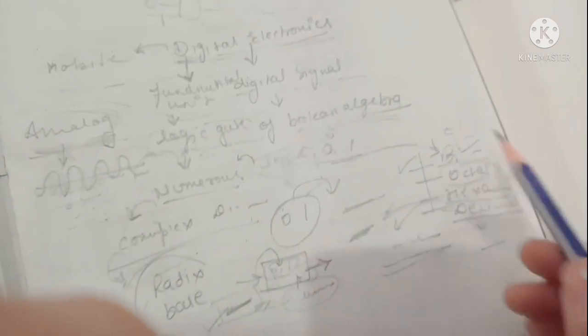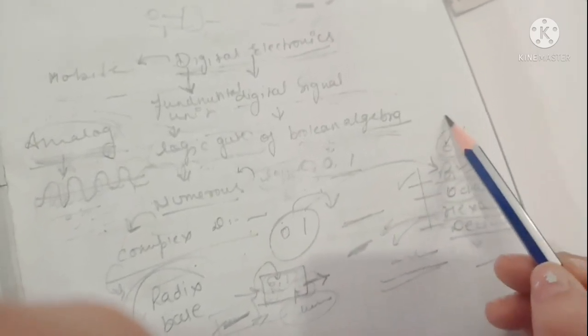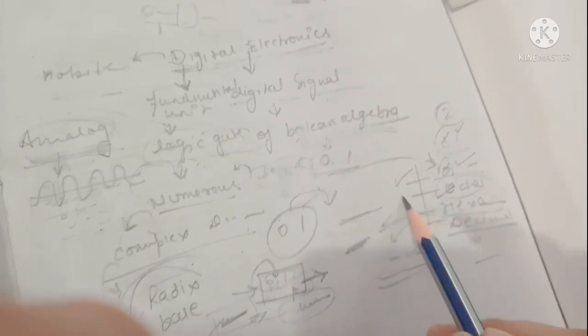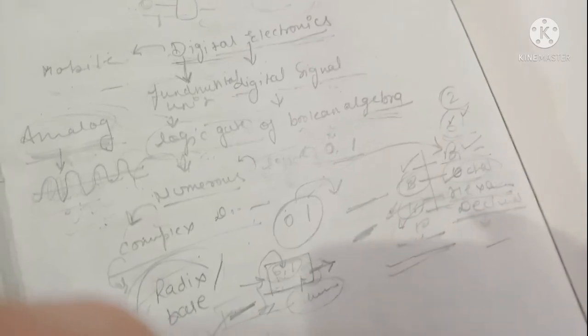In the binary number system there are two digits, so its radix or base is 2, and in the octal number system there are 8 digits, so its radix or base is 8. Hexadecimal 16, decimal 10. Thank you.